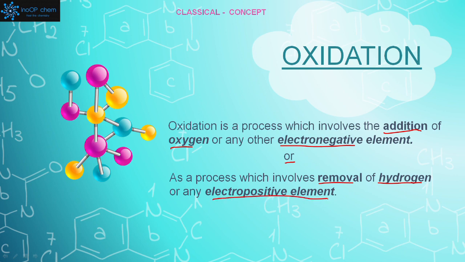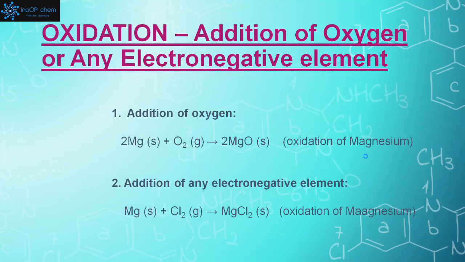Electropositive elements are, for example, Mg2+ and K+. Electronegative elements are, for example, chlorine, Cl-, fluorine, F-, and many more. So now, oxidation as addition of oxygen or any electronegative element.